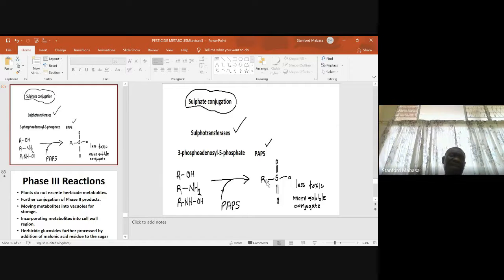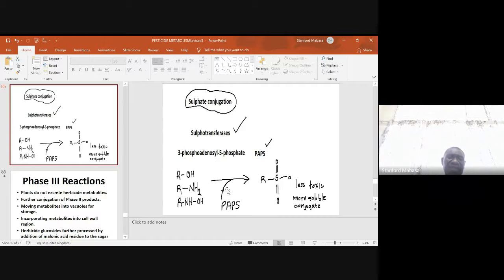So this is another way of removing the pesticides using the sulfate conjugation. We can just simplify it like this. And the enzymes are known as sulfotransferases.